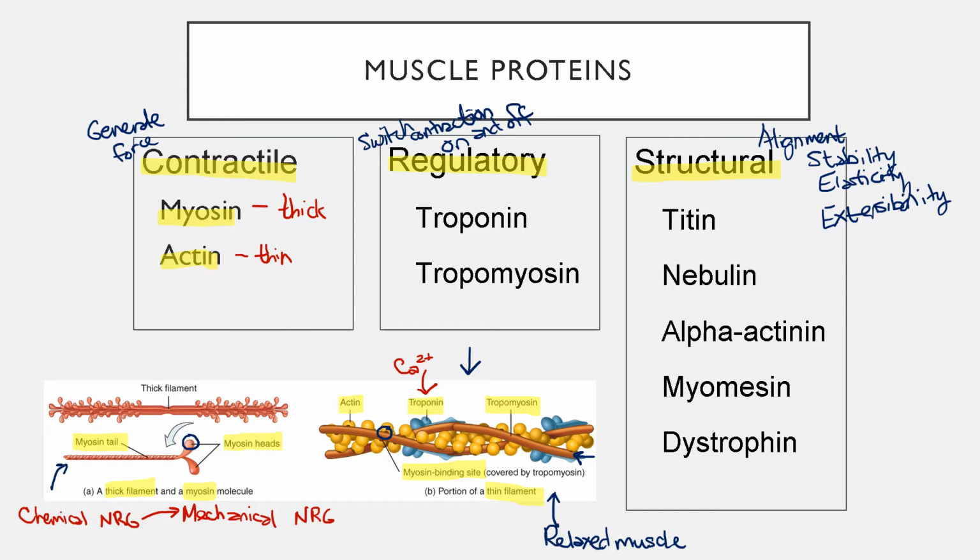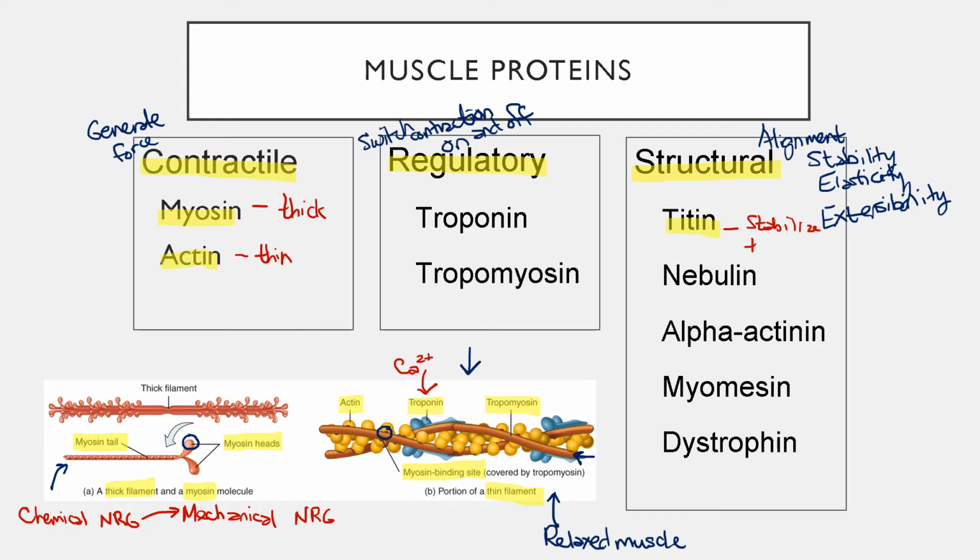First is titin. This is the third most plentiful protein in skeletal muscle. And each titin molecule connects the Z disc to the M line of the sarcomere. So it helps to stabilize the position of the thick filament.